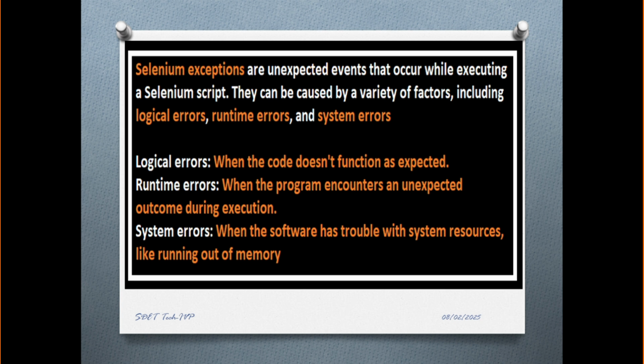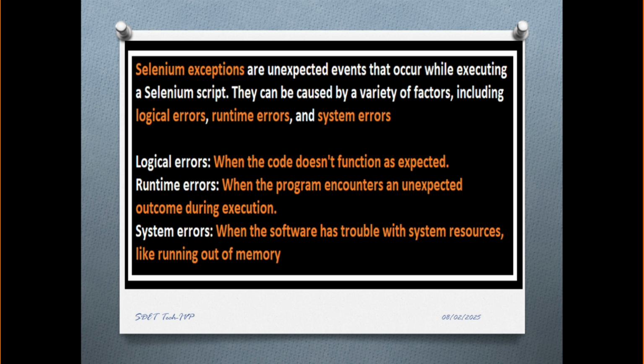At that time you got a runtime error. The third one is system error. System error occurs when the software has trouble with the system resources. When system resources do not fulfill your requirement, like out of memory, your memory is not enough to handle your script execution, at that time you are getting a system error.